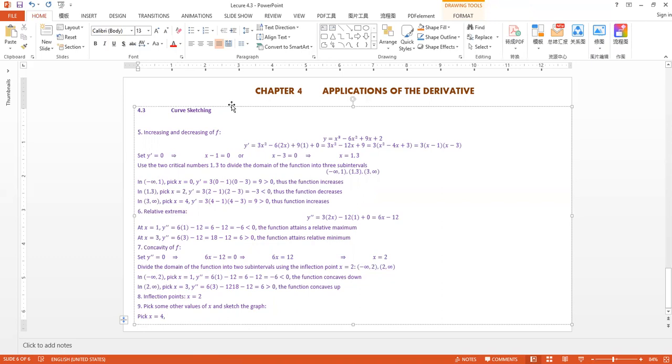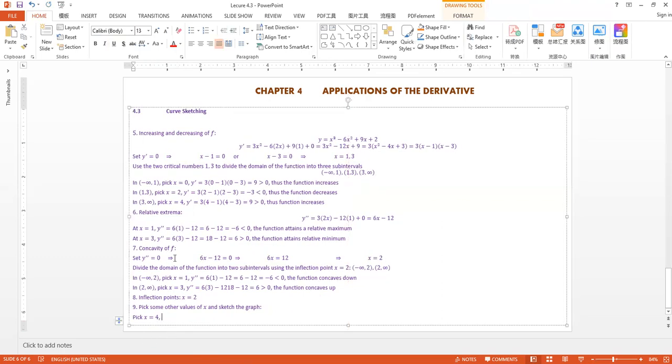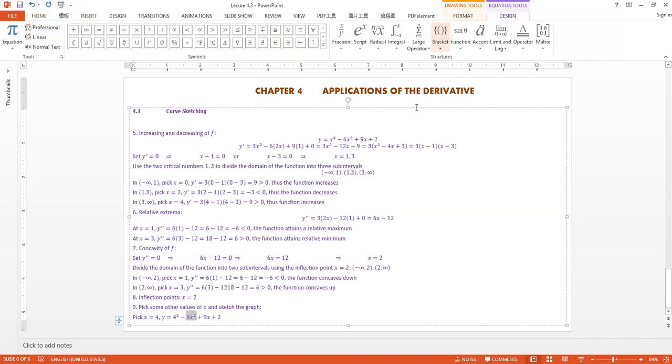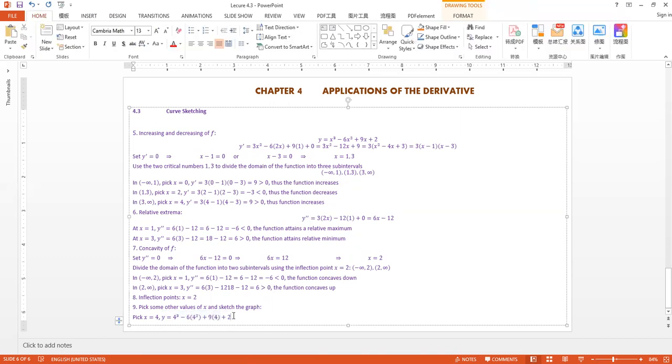So y equals, plugging into the function, x cubed, so that's 4 cubed, minus 6 times 4 squared, plus 9 times 4, plus 2.